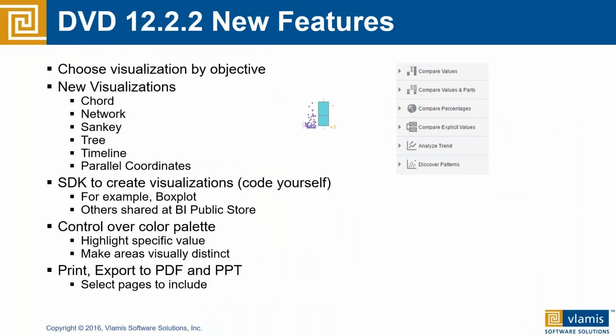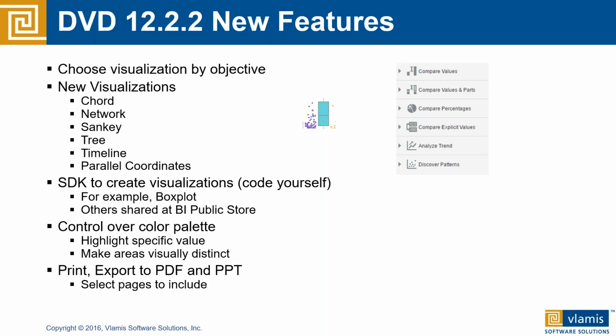We'll go through the next set of features, including being able to choose a visualization by objective. The idea here is that this gives people the ability to think of things by what they're trying to accomplish rather than how they want to show it. And Arthur will go through the next series of these.